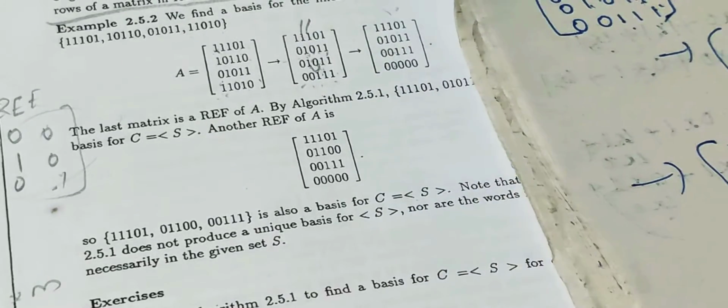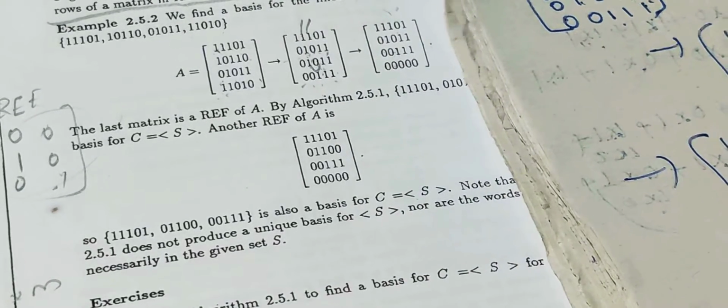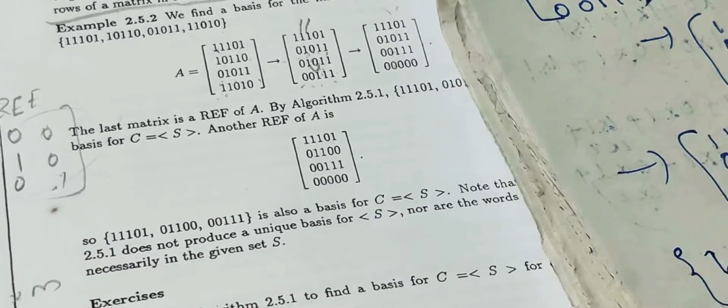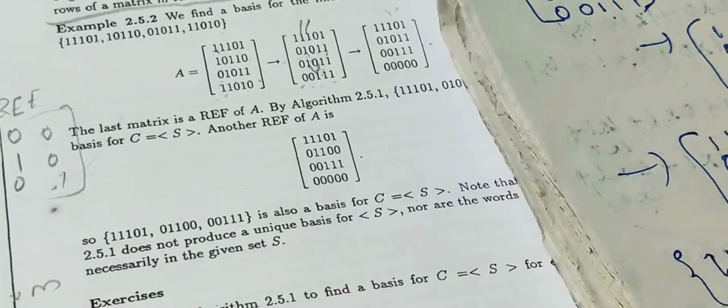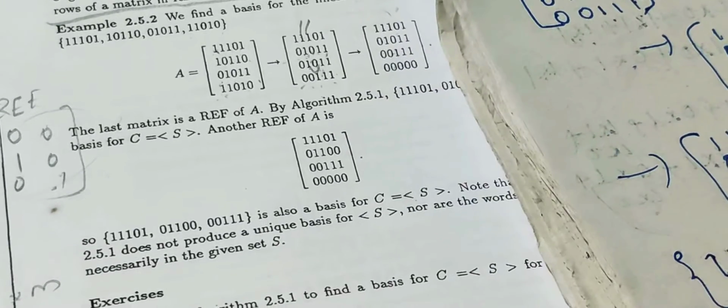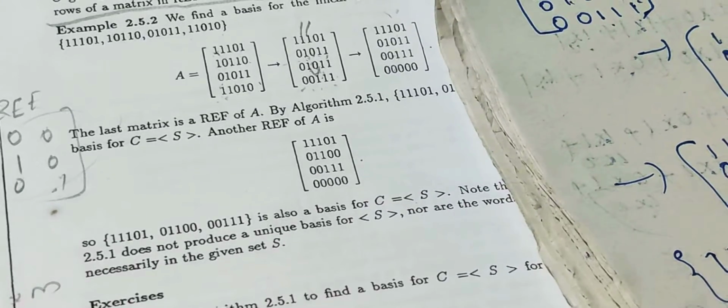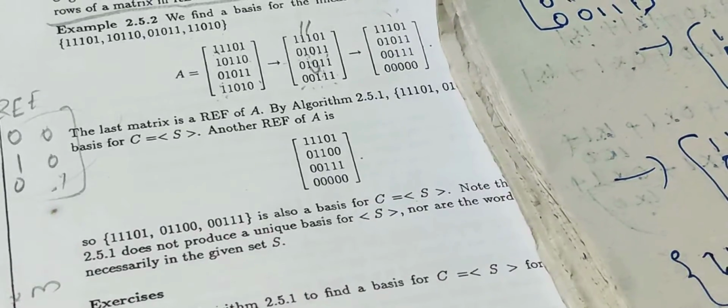So non-zero rows. What are the non-zero rows? The first one is 1 1 1 0 1. The second one is 0 1 1 0 0. The third is 0 0 1 1 1. So this non-zero set forms a basis.